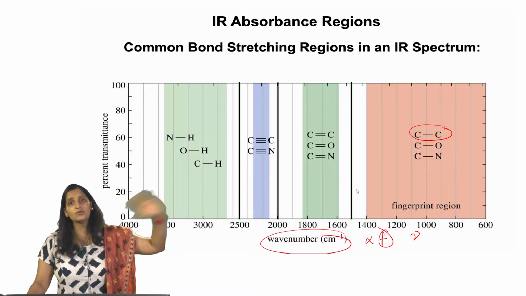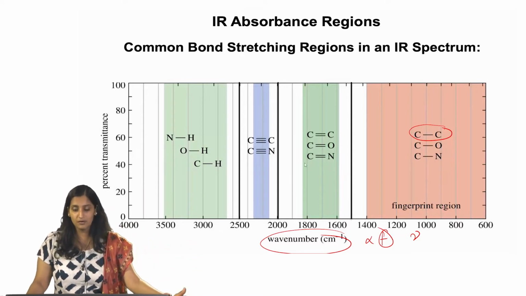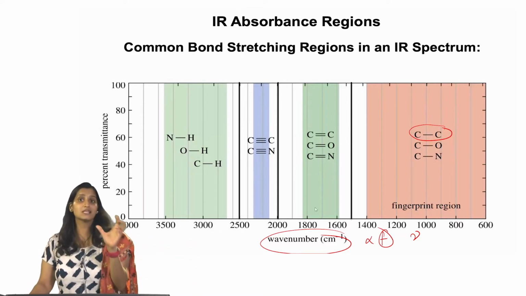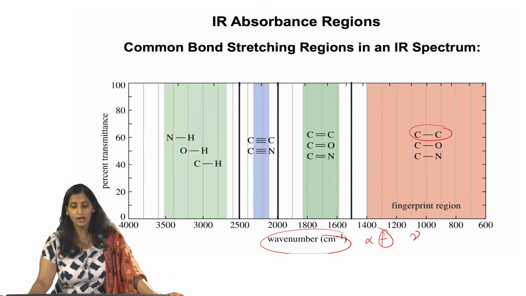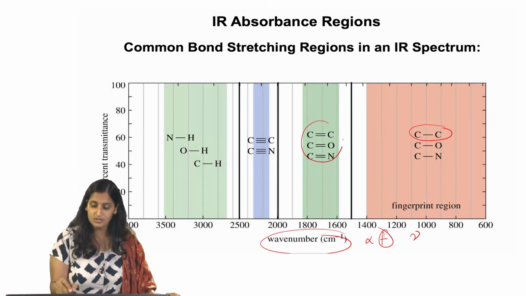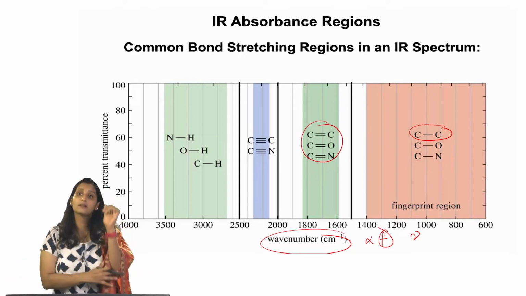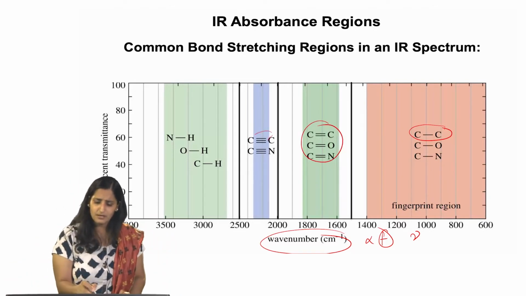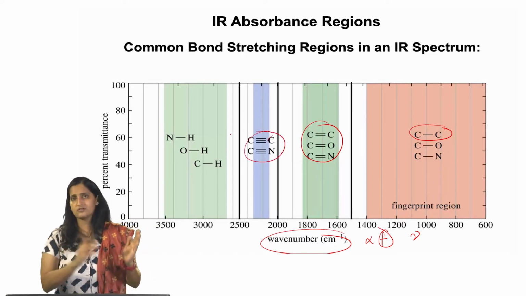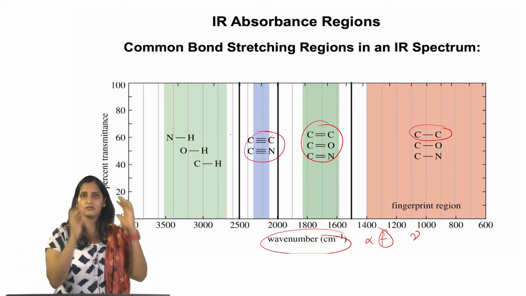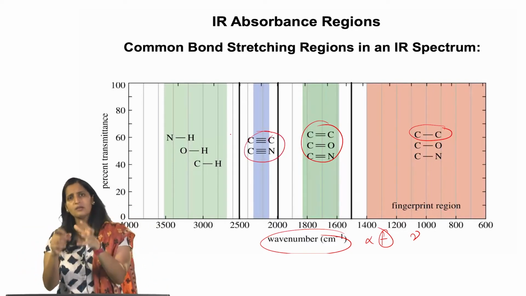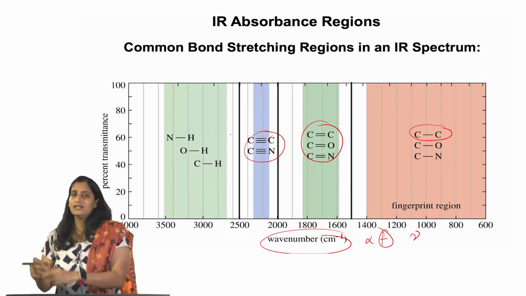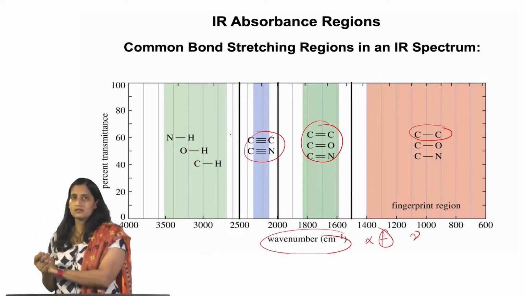Whereas the moment you go to the double bonds for those corresponding things, the frequency or the wave number here is increased. So, carbon-carbon double bond, carbon-oxygen double bond and carbon-nitrogen double bond is going to vibrate with a higher frequency. Similarly, carbon-carbon triple bond and carbon-nitrogen triple bond is going to be even higher, right? So, triple bond much stronger, double bond little weaker than that, and single bond is much weaker than that.